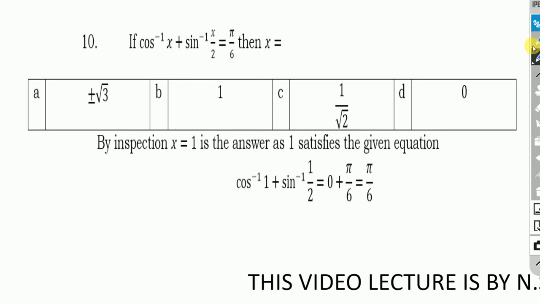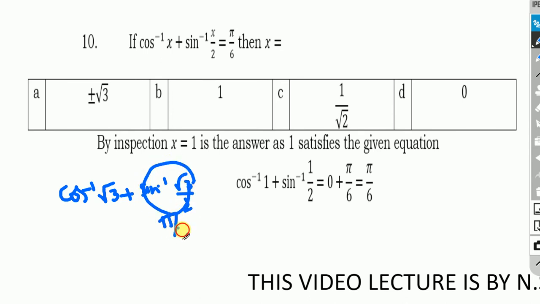Here in the first option I have plus or minus root 3. First I will consider plus root 3. Then LHS becomes cos inverse of root 3 plus sin inverse of root 3 by 2. But clearly sin inverse of root 3 by 2 is pi by 3.